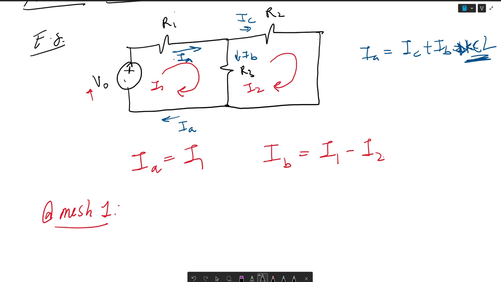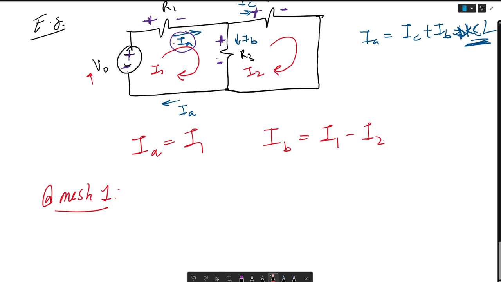So there's a minus sign here, let me do a different color, there's a minus sign here and there's a plus sign here. Here, the current is entering, so I'm going to do a plus minus. Here, the current is entering, plus minus, and I'm talking about these currents. So IA is entering this resistor or this element, so plus minus. IC is entering here, plus minus, and IB is entering here, so plus minus.